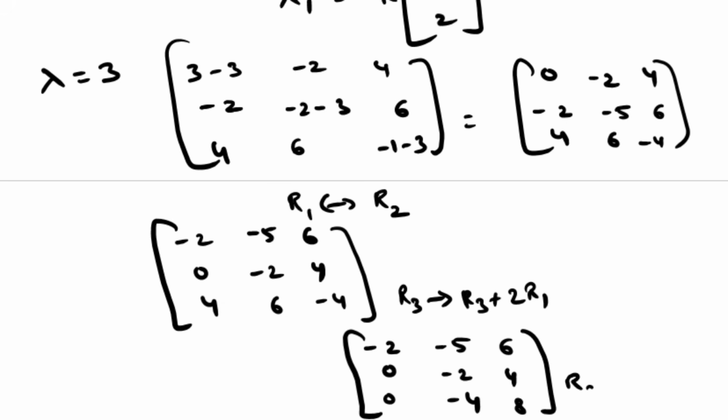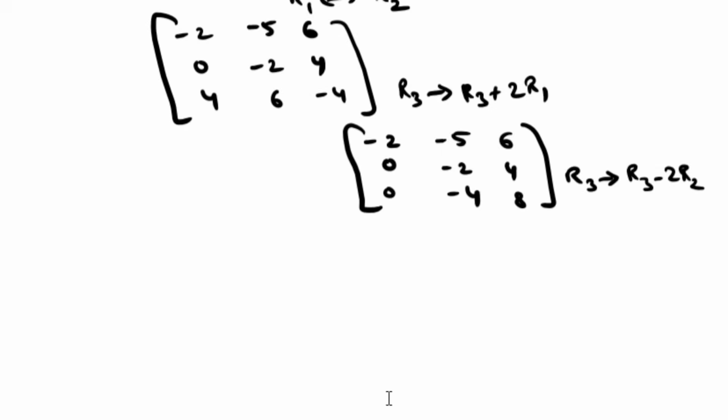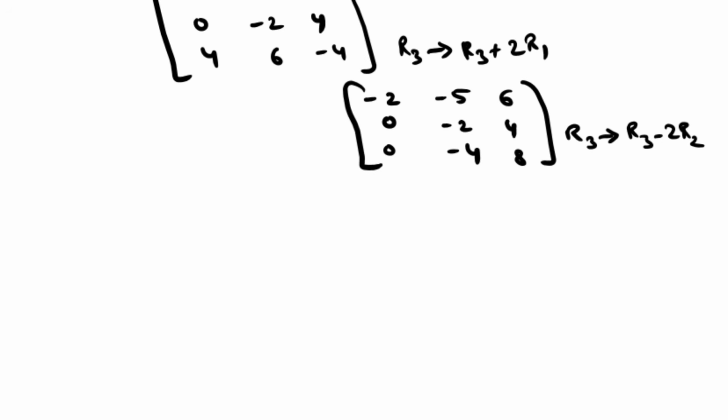If you observe carefully, R3 is equal to R3 minus 2R2. This gives minus 2, minus 5, 6; 0, minus 2, 4; 0, 0, 0.